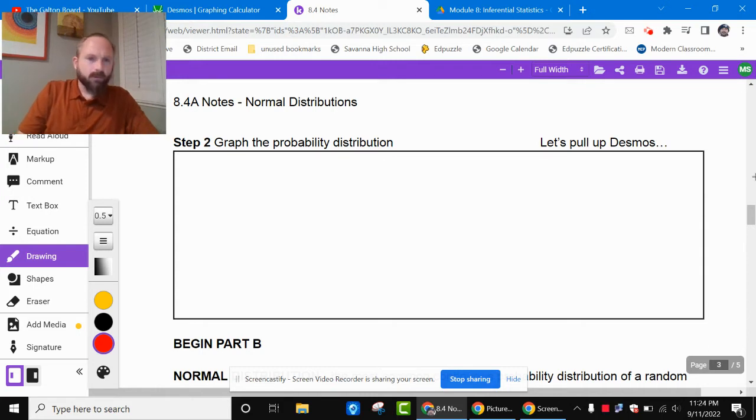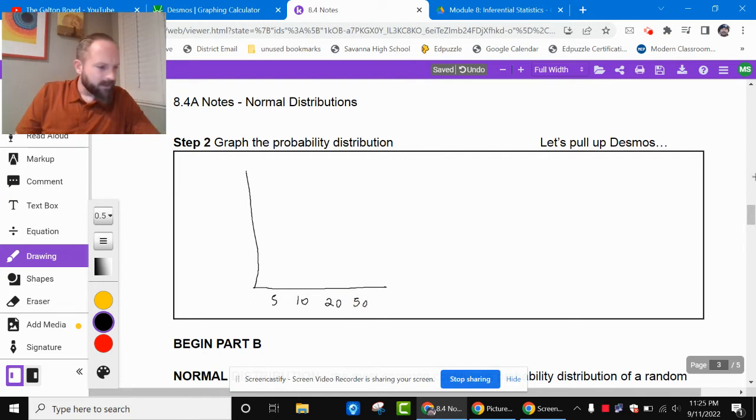I'd probably go like this. It's not going to look pretty, but that's okay. I have 5, 10, 20, 50, and then 100, 500, and then what was the last one?